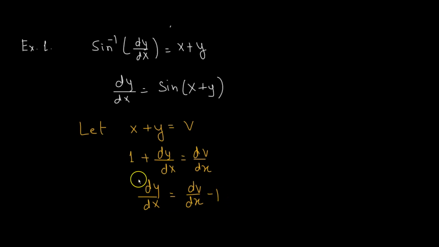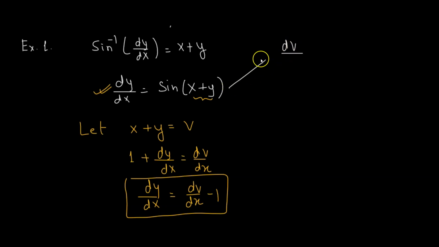Then we'll use this instead of dy over dx in the given differential equation and substitute x plus y with v. So we now get dv over dx minus 1 equals sine of v, so dv over dx equals 1 plus sine v.